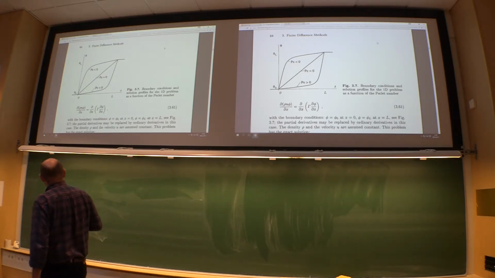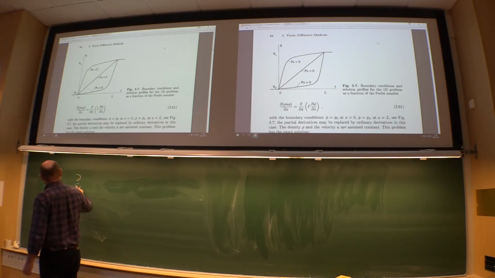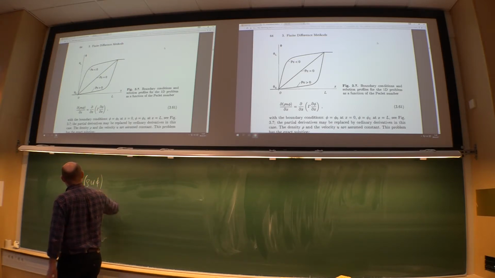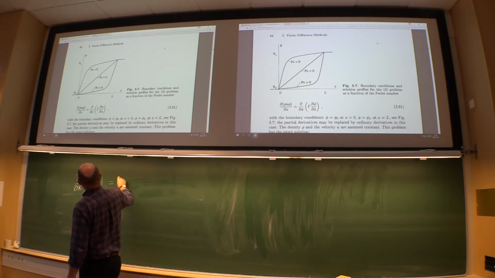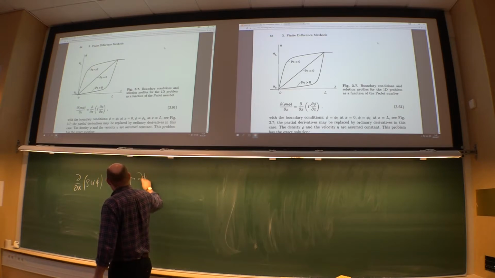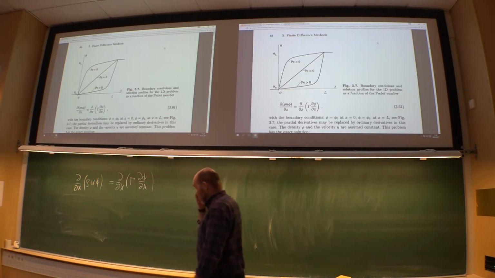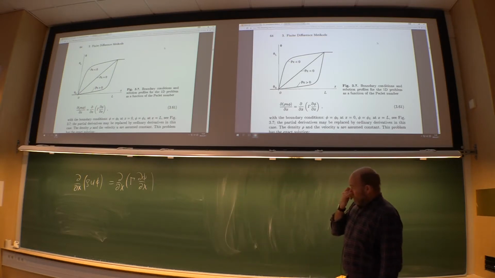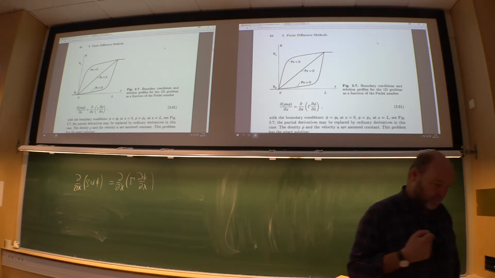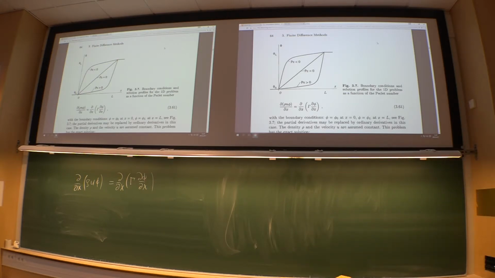So we have it in the form d/dx of rho u phi equals, on the other side, d/dx of gamma d phi/dx, like that. So now make a central space scheme of this one.